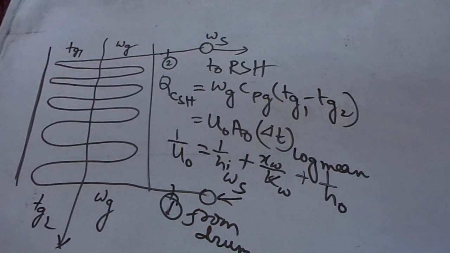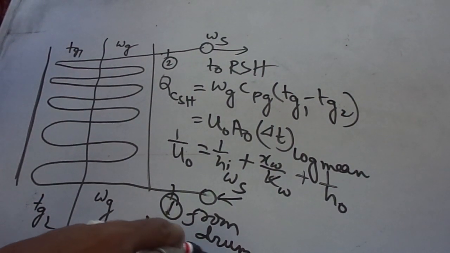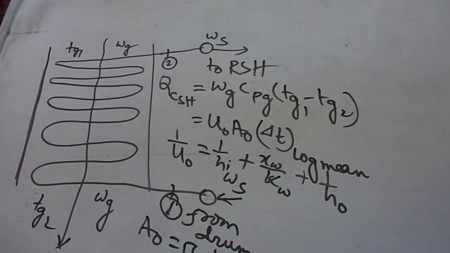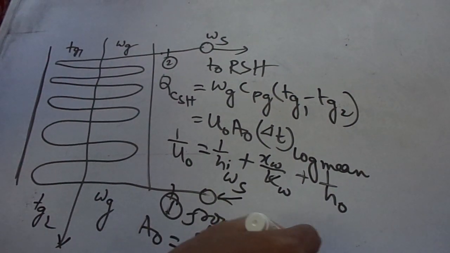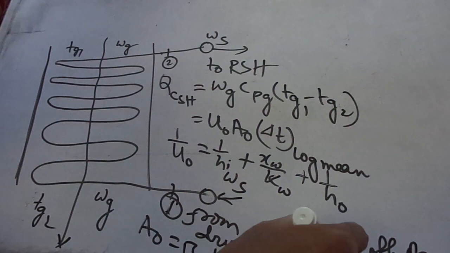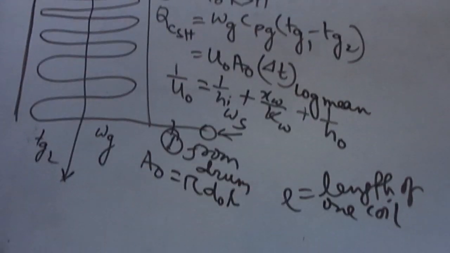Where A0 is equal to pi D0 into L, and L is equal to the length of one coil.